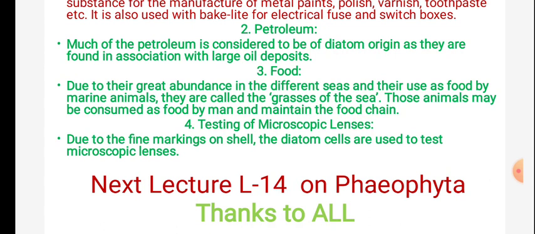And for testing microscopic lenses, they show fine markings on the shell; diatom cells are used to test the microscope lens. So this is all about our Xanthophyta, diatoms, Chrysophyta. In the next lecture we will see about the Phaeophyta. Thanks to all.